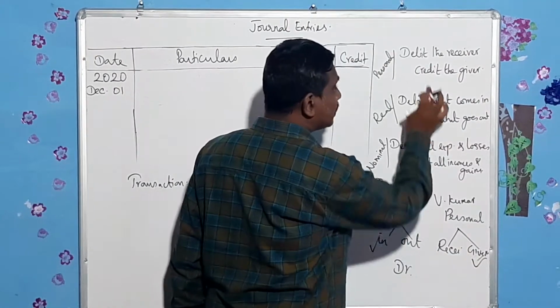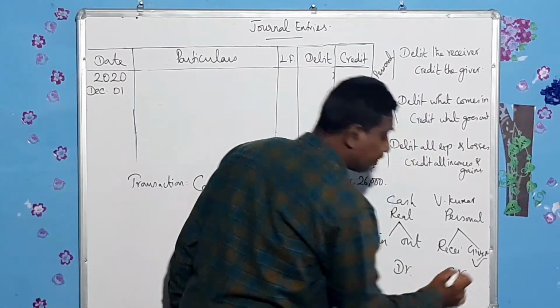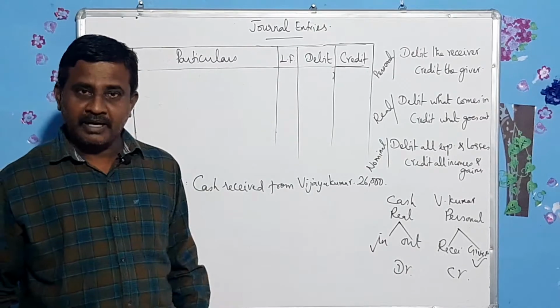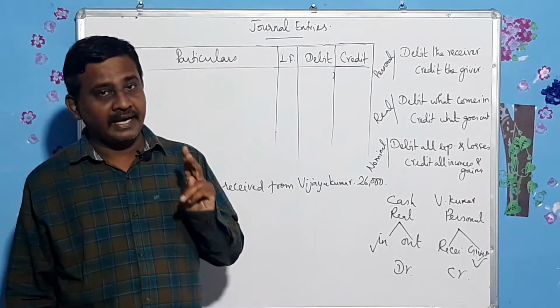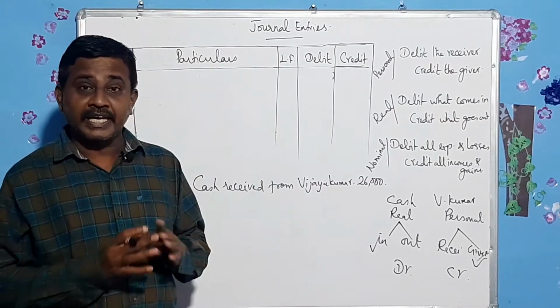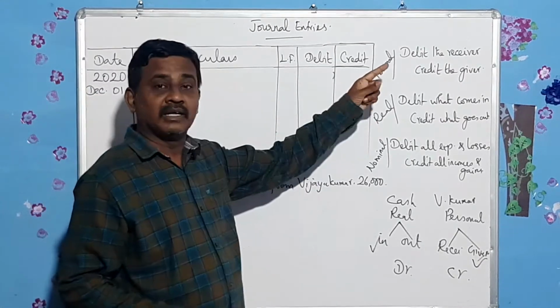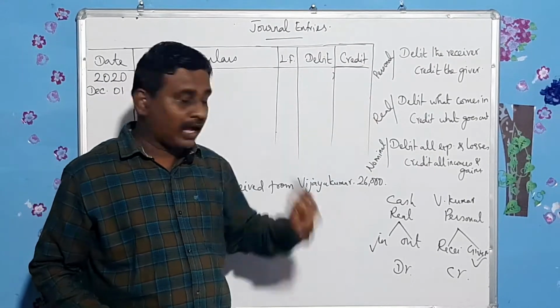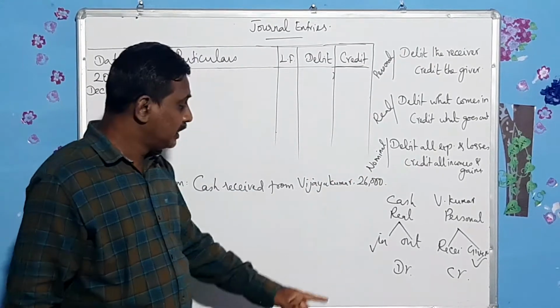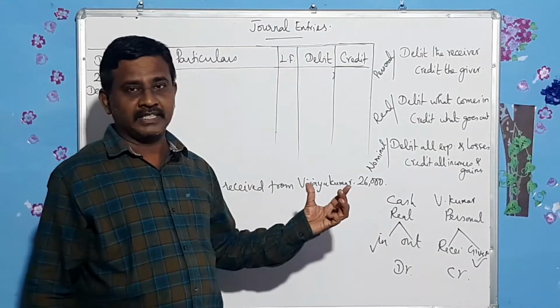He is the giver, so credit. And remember, in a transaction, minimum 2 accounts will be involved, and those accounts need not belong to the same type. They need not belong to personal account alone, or real account alone, or nominal account alone. So you have to identify in this way.